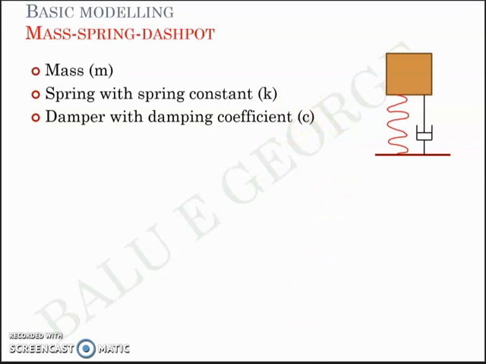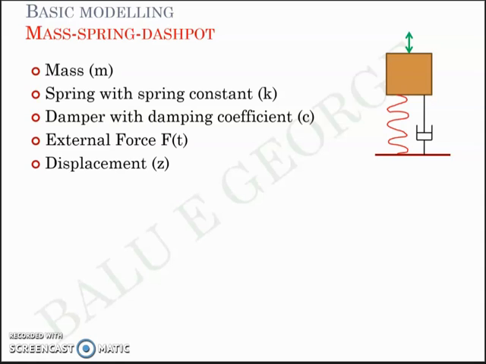Now it can have an external force f of t, which means force as a function of t, like this, and it has a displacement z, like this. So these are the terms: mass m, spring constant k, damper c, force f(t), and the displacement z.